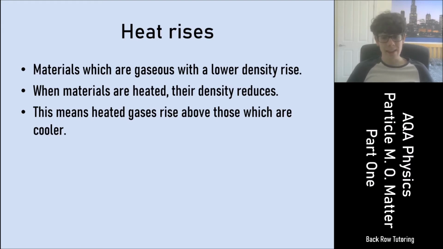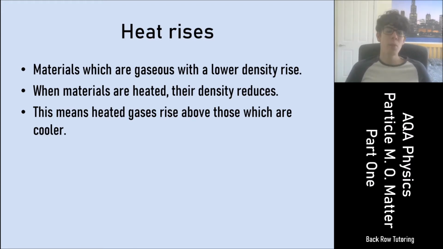Materials which are gaseous with a lower density rise. When materials are heated, their density reduces. This means heated gases rise above those which are cooler. Obviously gravity is a thing on Earth, and things are pulled towards the centre of the Earth with mass. Something with a lower density has a lower mass per unit volume, because that's what density is, mass per volume.